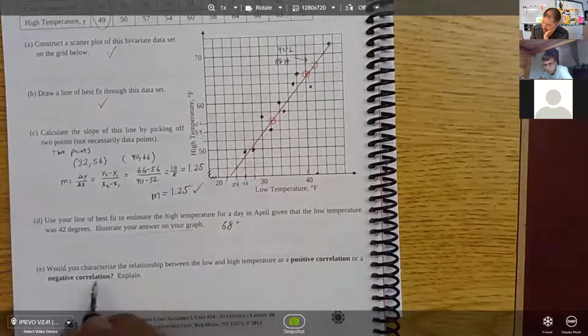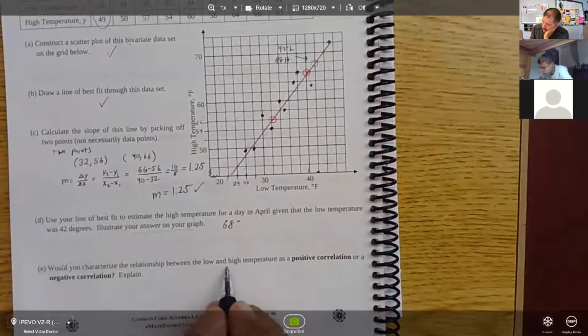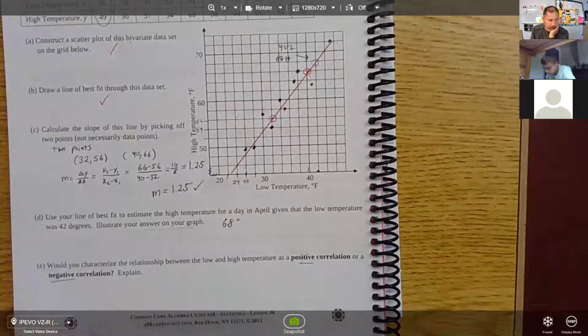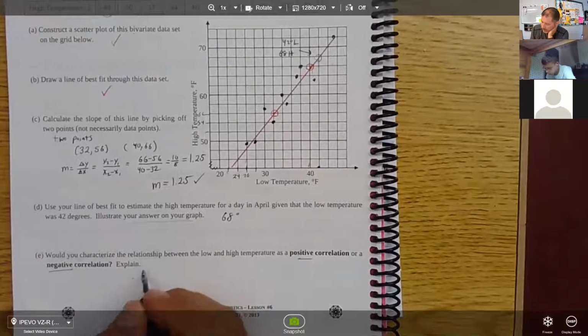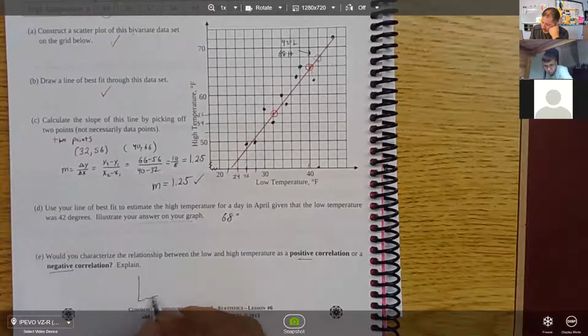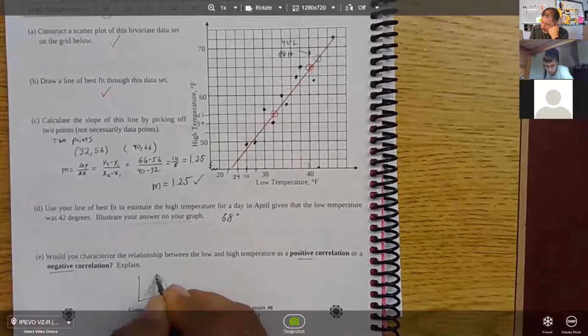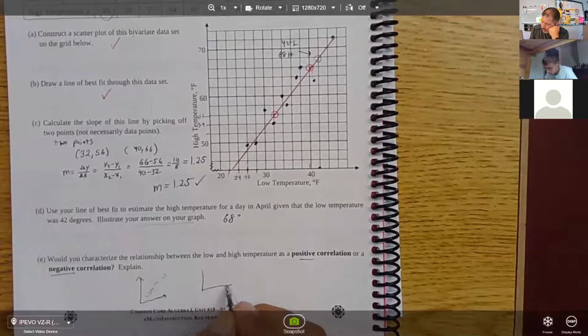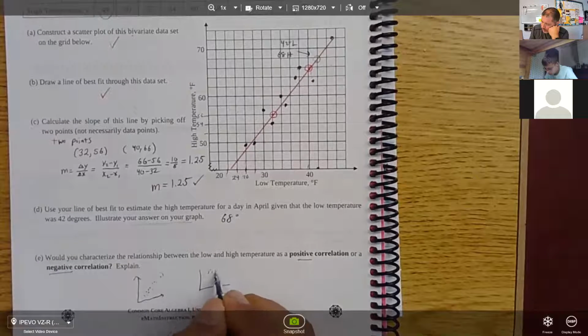All right. Would you characterize the relationship a positive correlation or a negative correlation? This is from, I believe, 8th grade as well, but we'll have to review it. A positive correlation is when data move upwards: as one goes up, the other goes up. A negative correlation means they go down.